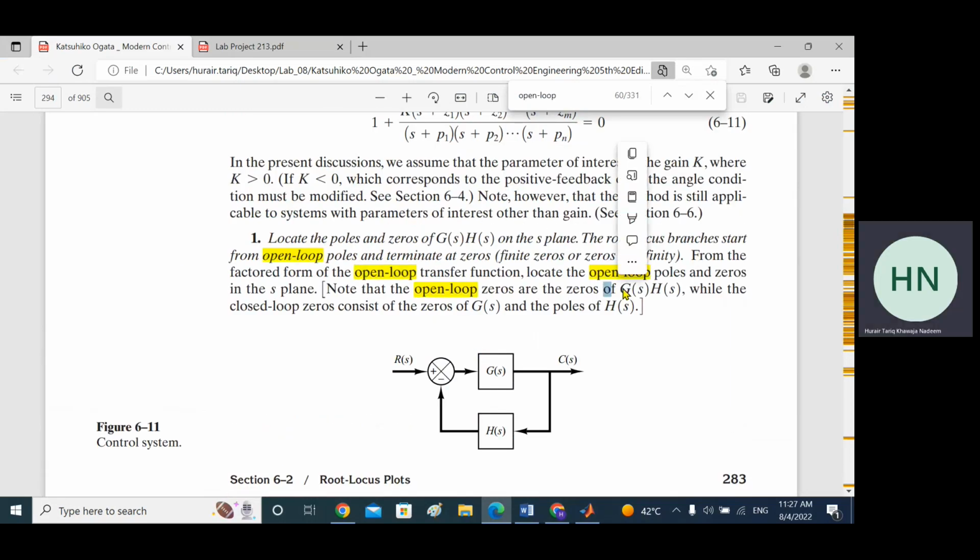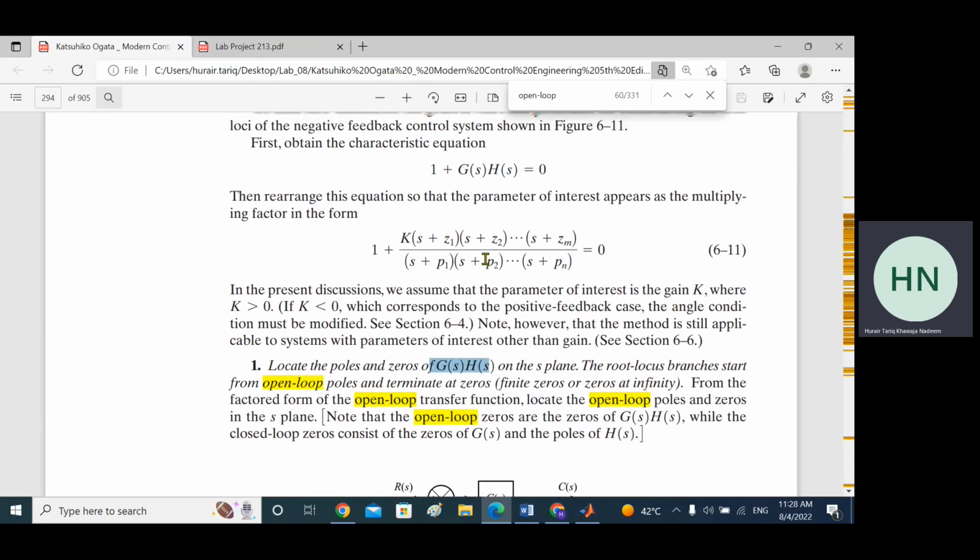Look, this is G(s)H(s). Open loop system is the product of this G(s) and H(s). This means that you are cutting the signal from here, removing the signal from here. What you get is G(s) multiplied by H(s). So this is the open loop system, and you can locate the poles and zeros of G(s)H(s).